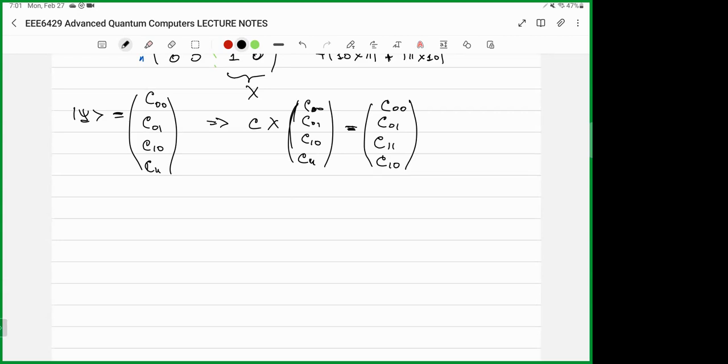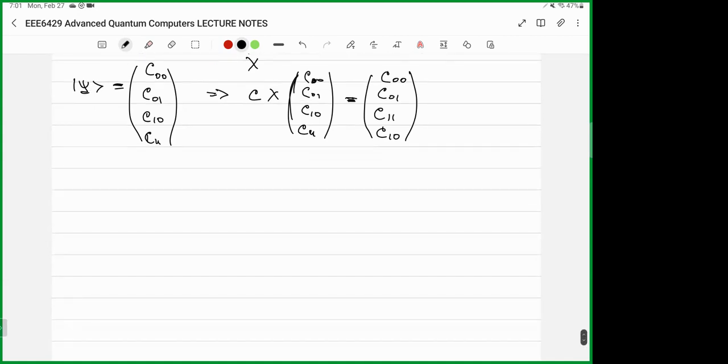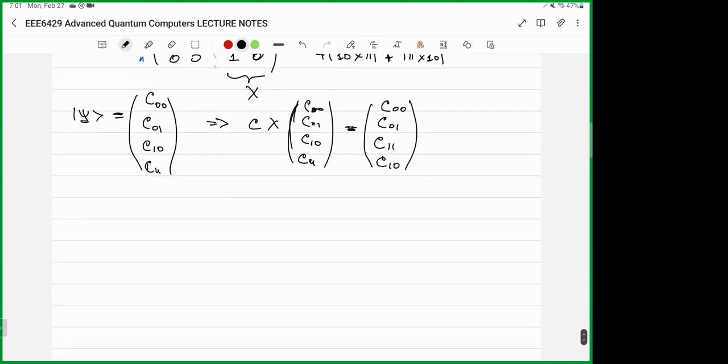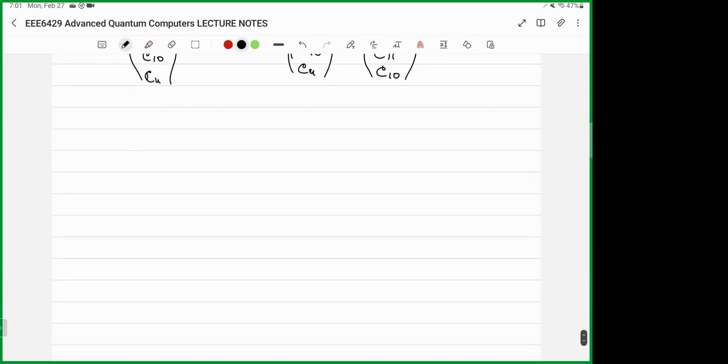And finally, as a last point for today, let's consider the simplest quantum circuit.